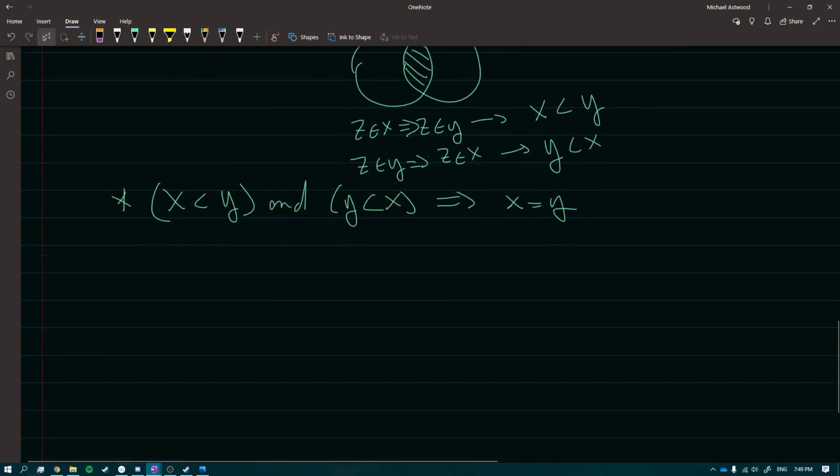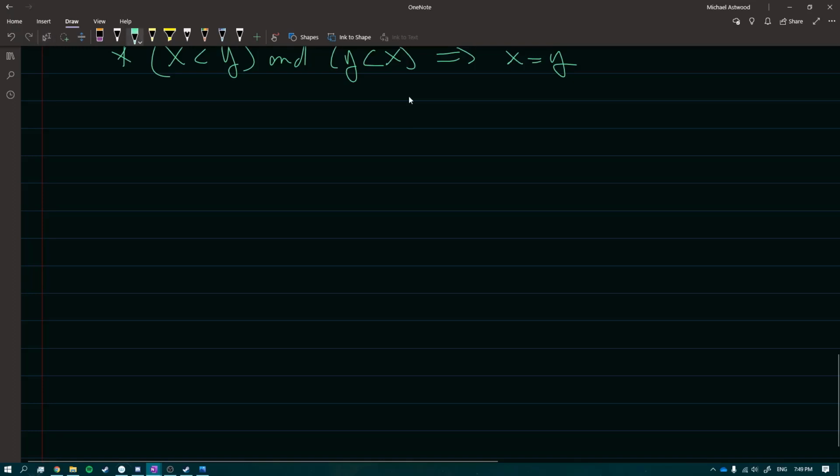The next property is the following. Sets have this property called the axiom of regularity.